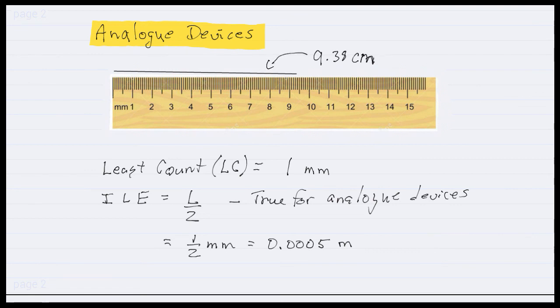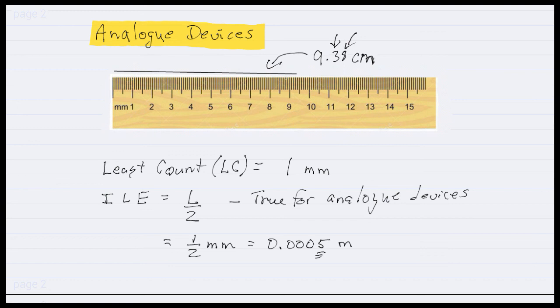Alright, so that line we can measure to be 9.38 centimeters. Now the millimeter mark is this 3, and I'm guessing the 8, which is why I choose the error to be this 1/2 millimeter. It allows some variation.